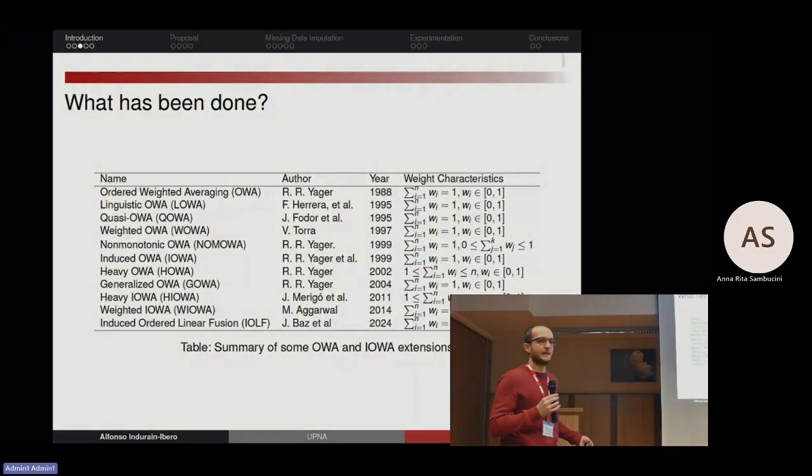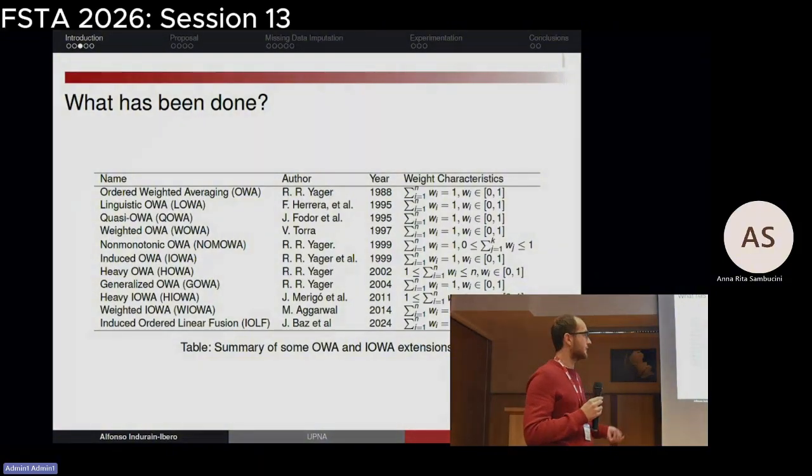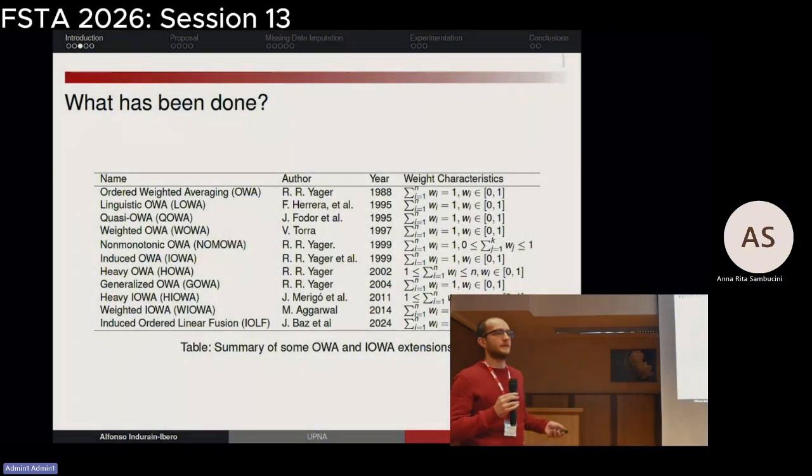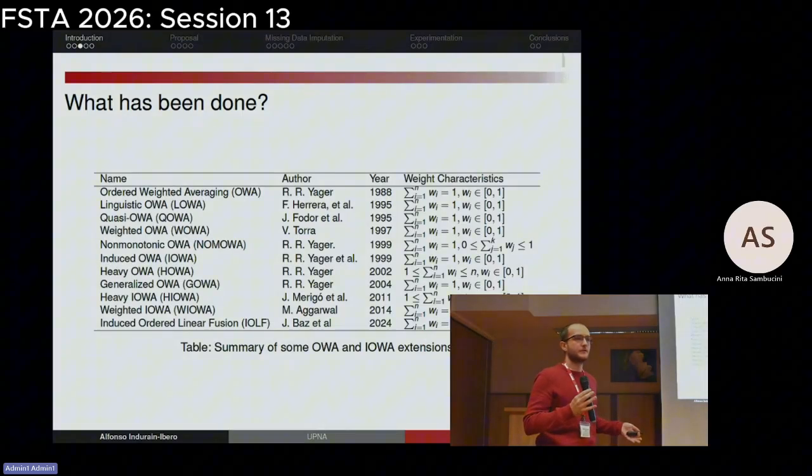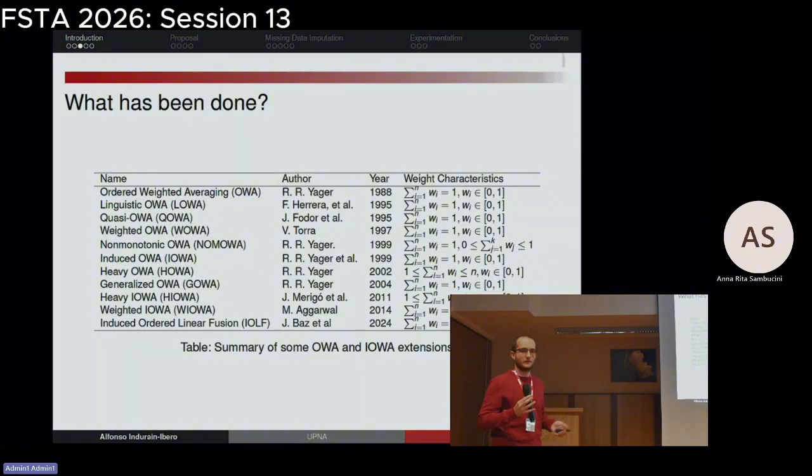So what is the state of the art? To do so, we started researching the state of the art, and we made this table, summing up some of the most important contributions of both OWA and IOWA. And then we started looking to see if there are some gaps or some places where we could work.